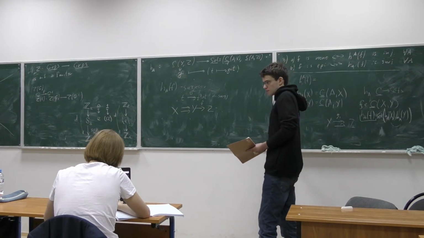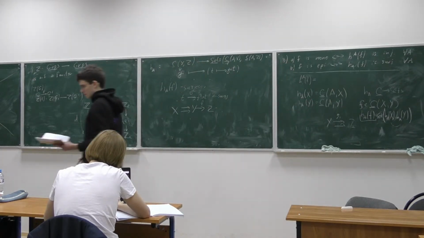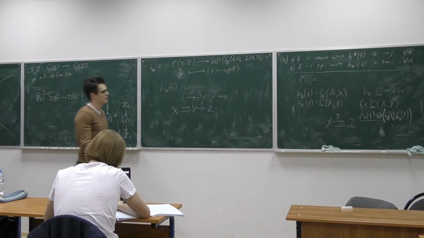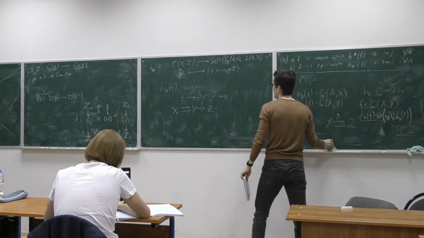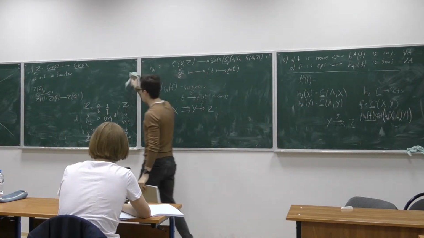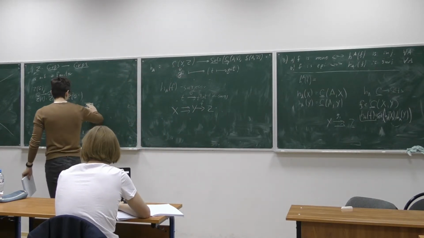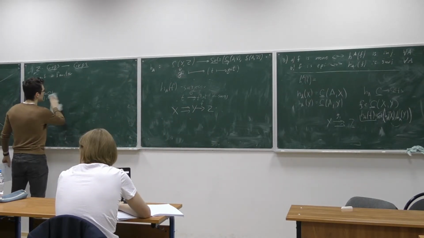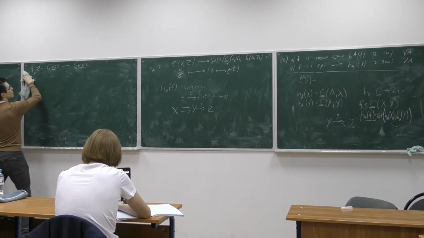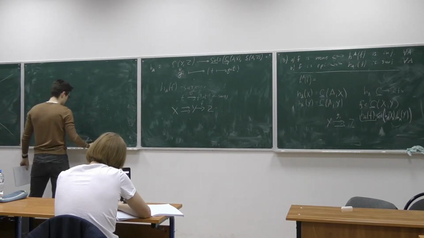In the definition of monomorphism, epimorphism, we have some condition that two things are equal, therefore some other two things are equal.